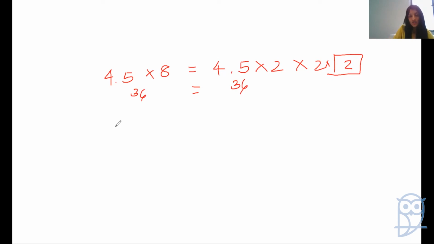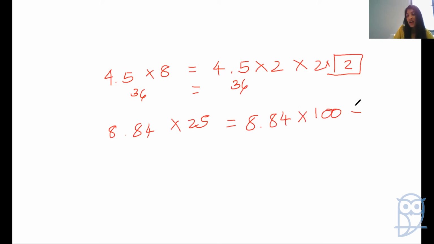The next question is 8.84 times 25 is equal to 8.84 times 100 divided by a number. So 8.84 times 25 is equal to 221. Looking at this question, here we're timesing by 25 and here we're multiplying by 100, but we need to divide.